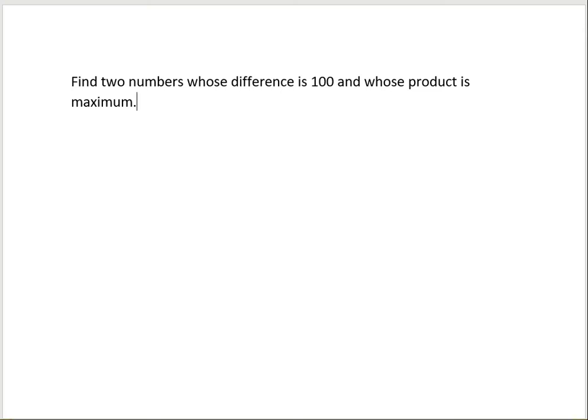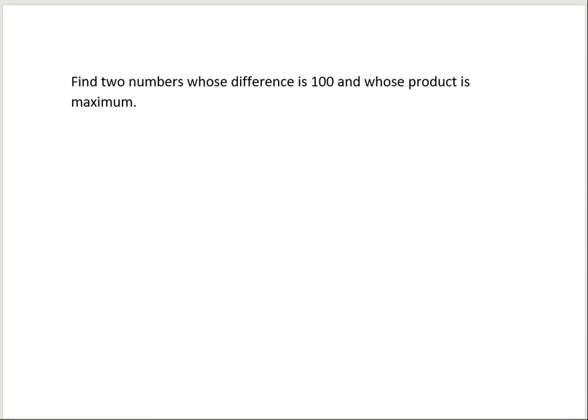Find two numbers whose difference is 100 and whose product is maximum. Okay, so there's no picture to draw. So we need to just understand first the notation, because there's nothing we can really draw. It's talking about numbers and these operations.